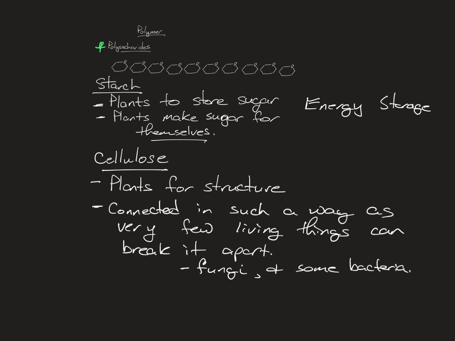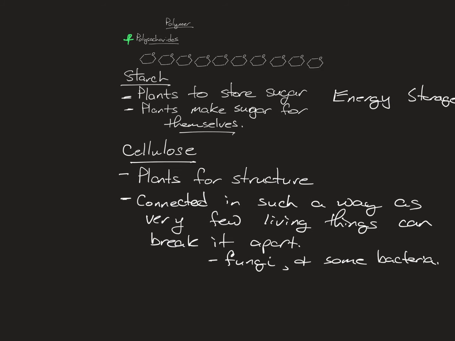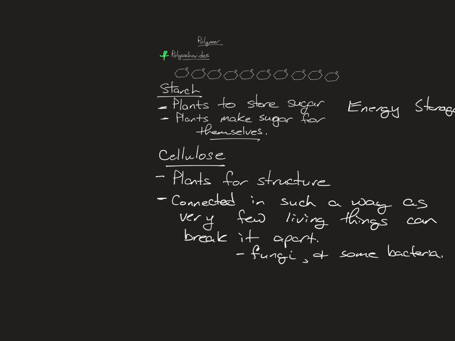You can't eat cellulose. I can't eat cellulose. Cows can't eat cellulose. But why do cows eat grass then? Grass is made of cellulose. Well, it turns out they can. So can termites. But they can't eat it themselves. They don't have the enzyme to break it up. They use bacteria in their intestines to break up the cellulose.